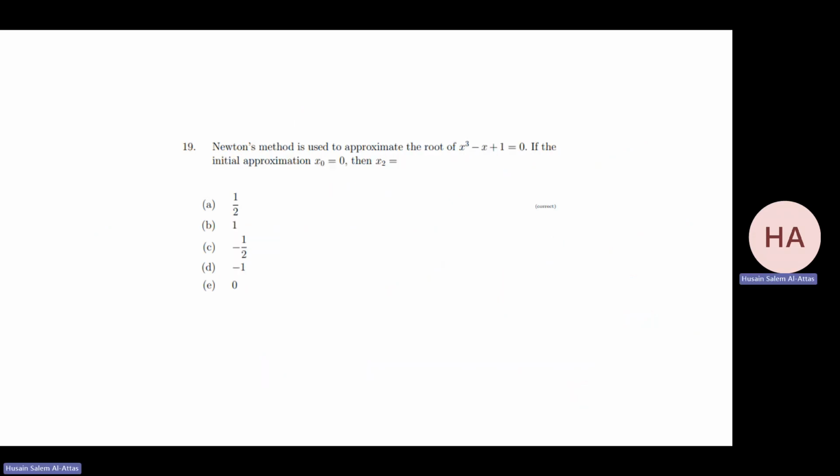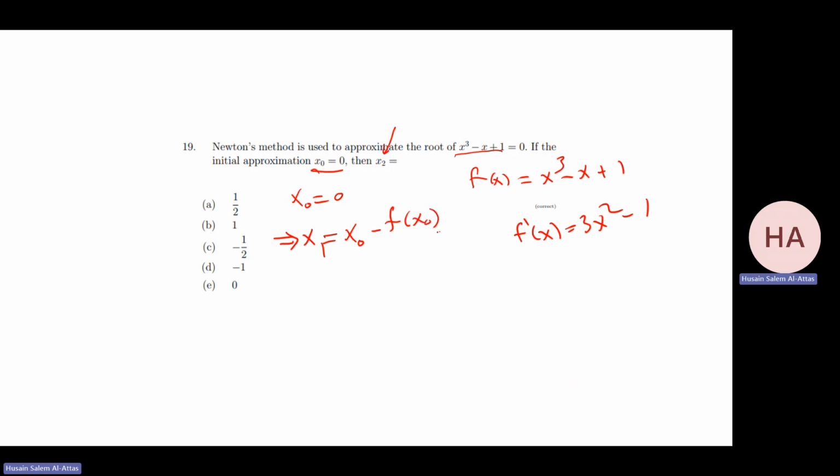Use the approximation. So this is my function, my starting point, f prime is 3x squared minus 1. I have x0 equals 0. That means I need first x1, then I'll find x2. x1 will be x0 minus f of x0 over f prime at x0, that is 0 minus f of 0, which is 1, over f prime at 0, which is minus 1, so that will be 1.